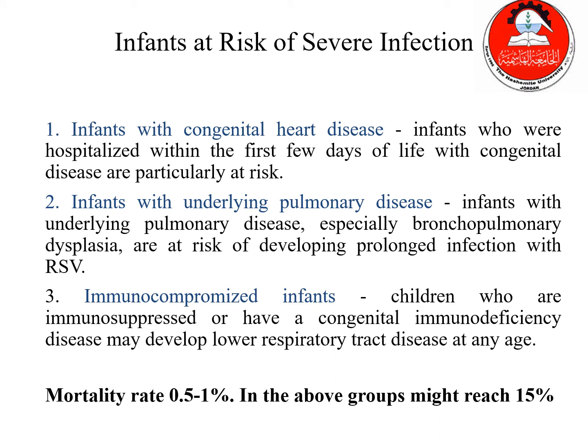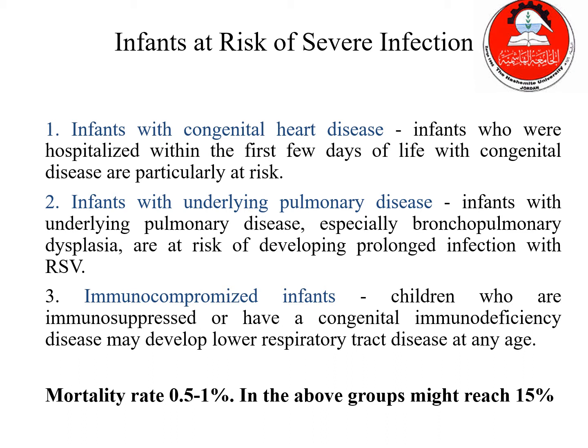All children are at risk of infection with respiratory syncytial virus, especially during the first 2 years of life, but certain children have a higher chance of complications, especially those who have congenital heart disease, underlying pulmonary disease, or who are immunocompromised.